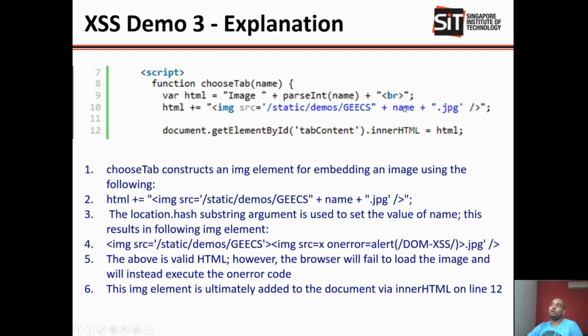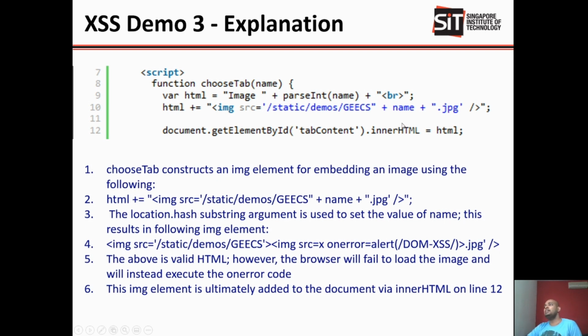It is expecting 1, 2 or 3, then .jpg, that's the name of the image, 3.jpg. So static demos GCS 3.jpg is the image name. This is the HTML that is created in the choose_tab function.